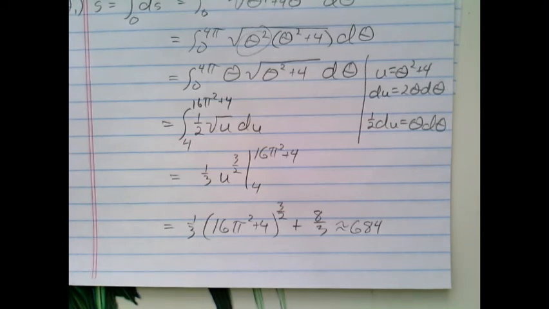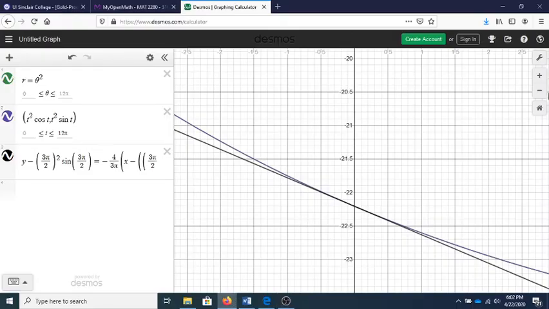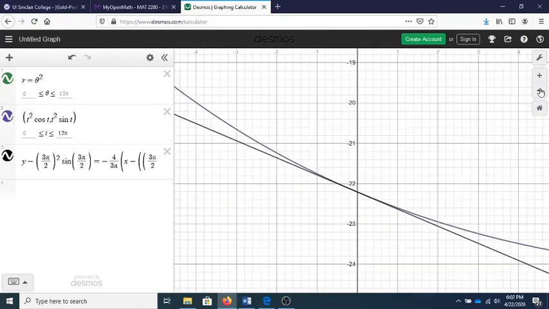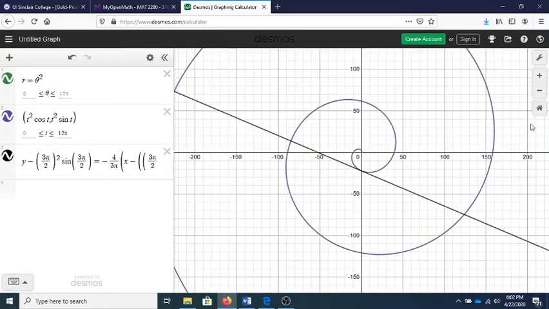Now, does that seem reasonable? Let's go back over to Desmos. I think we're going to have to zoom way out. Okay, 0 to 4 pi would be 2 complete turns around the curve. So there's one. Boom, there's the other one.